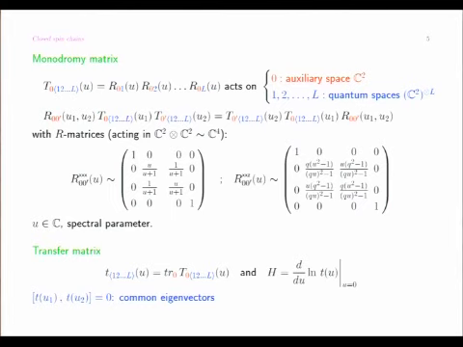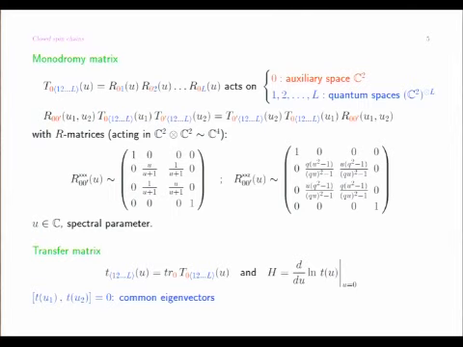So that's for the monodromy matrix. Then you can introduce the transfer matrix, which is just the trace in this auxiliary space of the monodromy matrix. So it acts only now in the quantum spaces on the sites. And all this leads again to the Hamiltonian using the logarithmic derivative of this transfer matrix. So that's the reason why we introduce all these things.